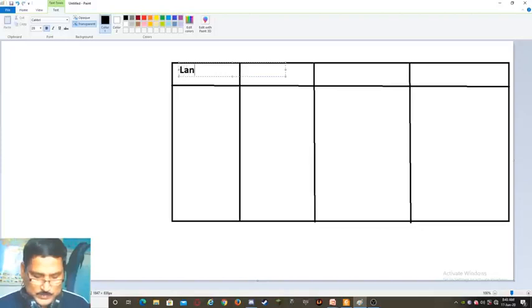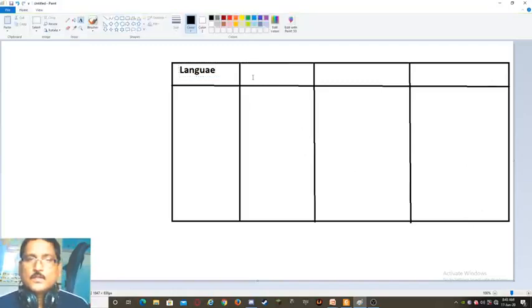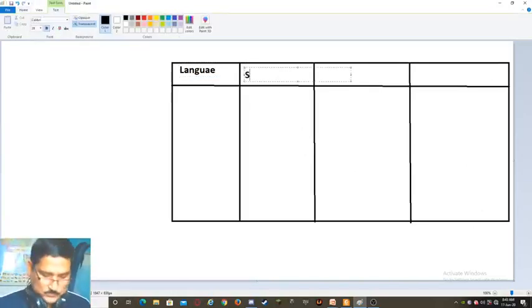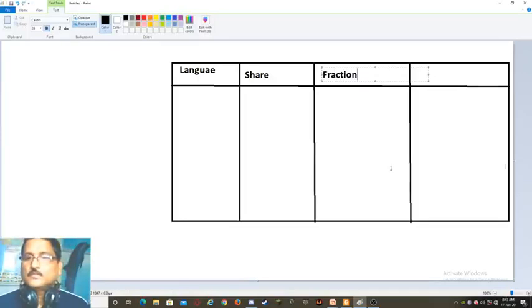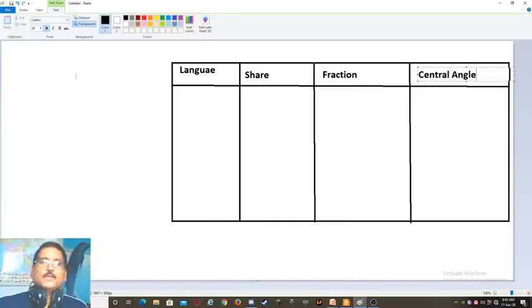We'll write down language, share, now this is fraction, this is central angle. Okay, now mark it.